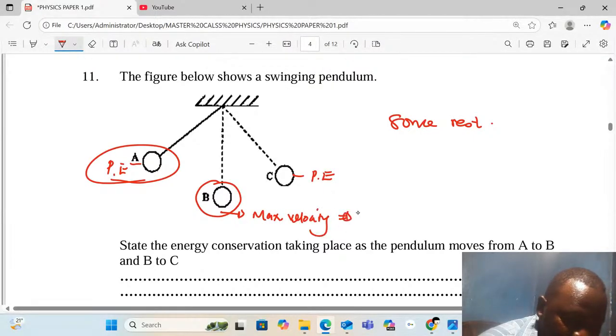Therefore, this one will possess kinetic energy. So you can say it is potential energy to kinetic energy, then back to potential energy. This is A through B, C.